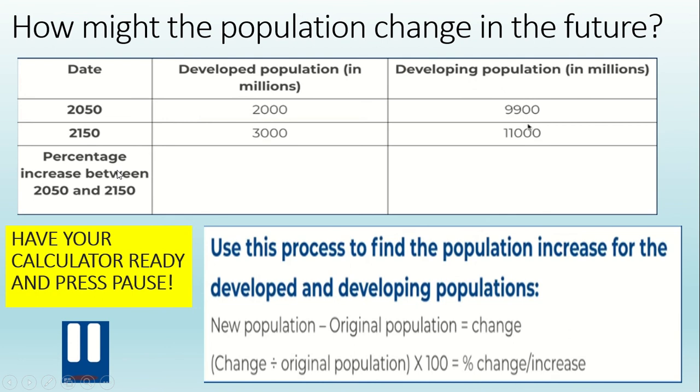Obviously these are predicted numbers, but they're pretty accurate. So have your calculator ready, use this process here. Again, I've got this on the slide for you to work out the percentage increase. If you're ready, press pause and off you go.